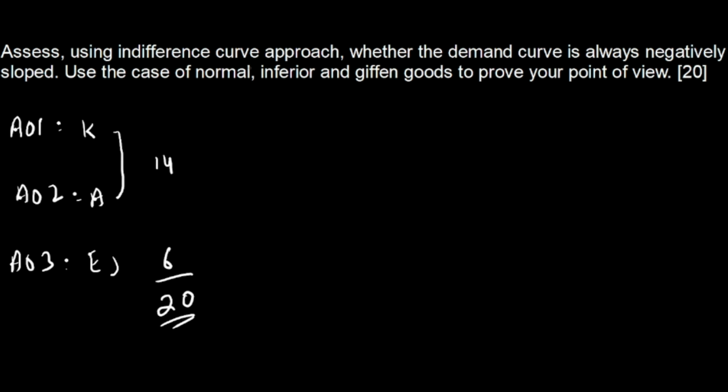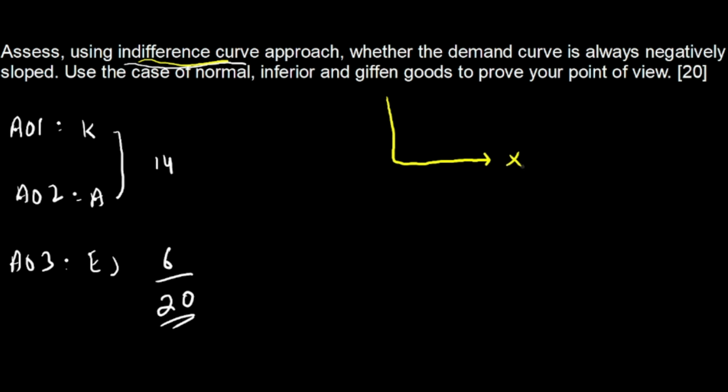In the knowledge part, keep in mind you have the knowledge part of indifference curve. So you will have to define what indifference curve is, and then you have to make the basic graph of indifference curve. So indifference curve is a graph that shows different combinations of two products that provide the same level of satisfaction.